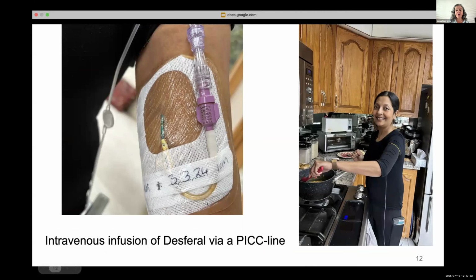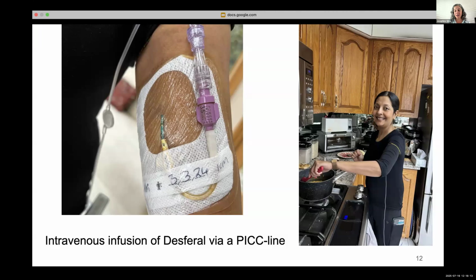Now there's also intravenous Desferal. This is my friend Amy, who is also a board member of Thalassemia Foundation of Canada. And she has a PICC line and you can see in her pocket down on the right side of the slide there, her side pocket holds her CADD pump.